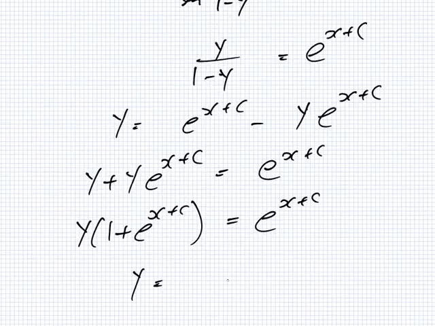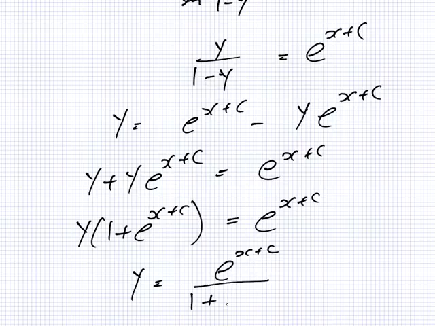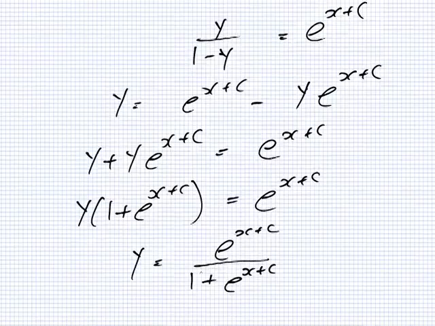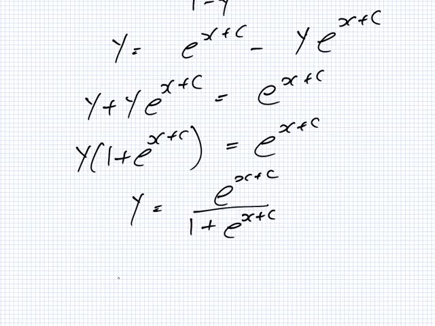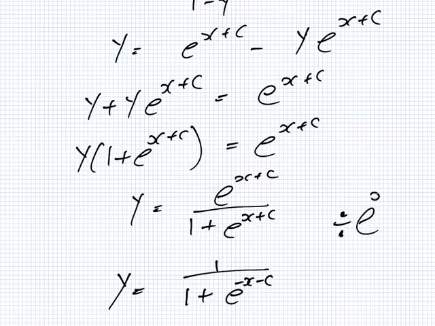So y equals e to the x plus c over 1 plus e to the x plus c. You can divide everything by e to the x plus c. So you get y equals 1 over 1 plus e to the minus x minus c. Because I can divide everything by this.